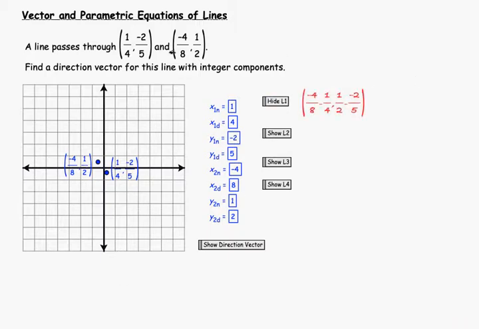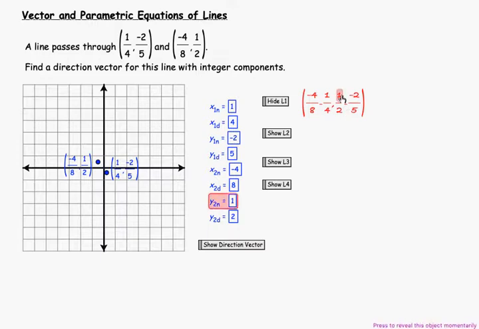In the end, we will get to the same direction vector. I have chosen to shift this being the tail, and I'm going to shift that tail to the origin to get my direction vector. So I'm going to subtract 1/4 from this, and then take away -2/5, or alternately add 2/5 to that. If we get a common denominator here, we will have 2/8 here. -4 minus 2 is -6/8, so that gives me -3/4.